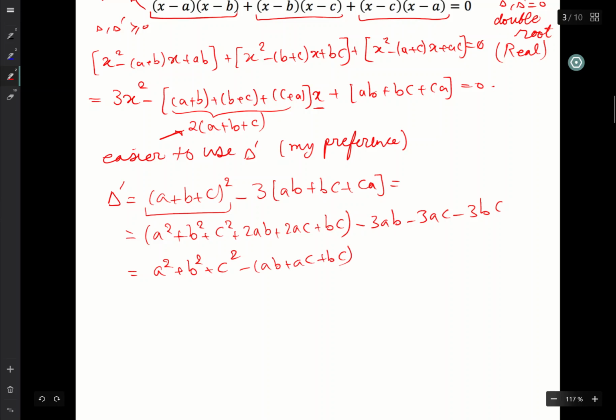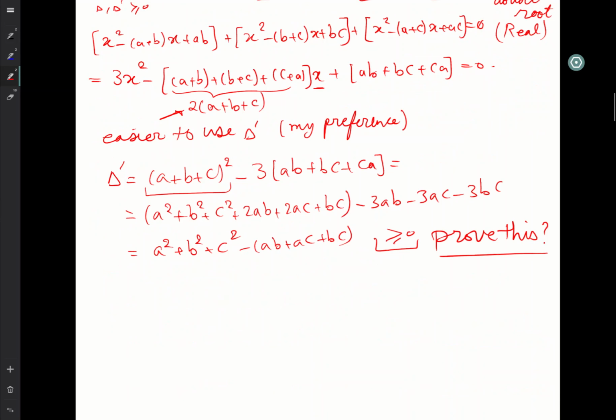Okay, now the question is: is this always greater than or equal to zero? So how do we prove this? If we have three real numbers a, b, c, is a squared plus b squared plus c squared minus ab minus ac minus bc really always greater than or equal to 0?